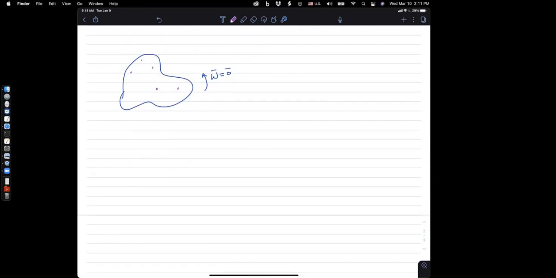If this point has this velocity, let me just draw it in a random direction.